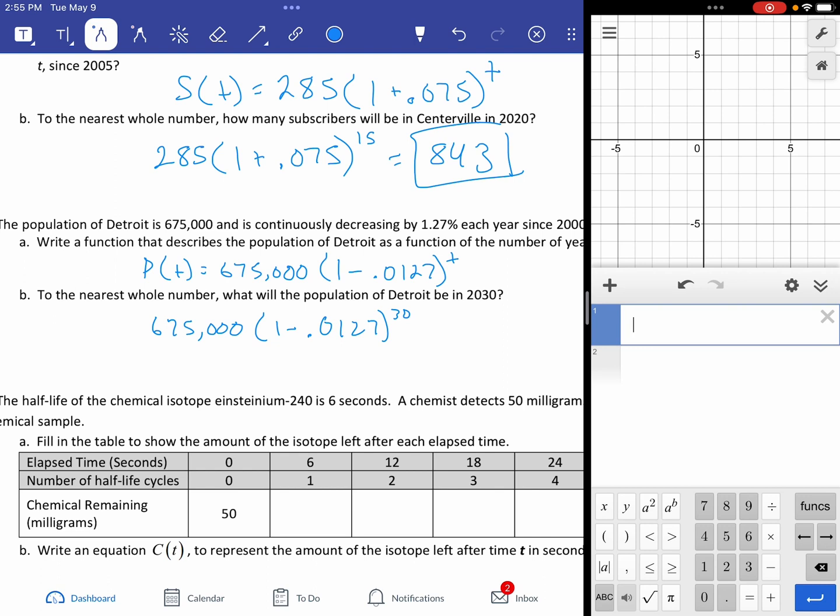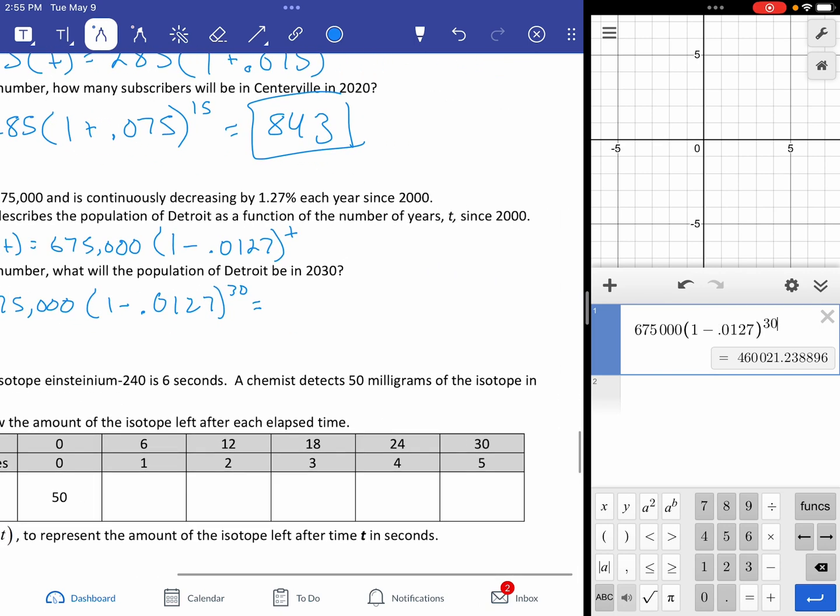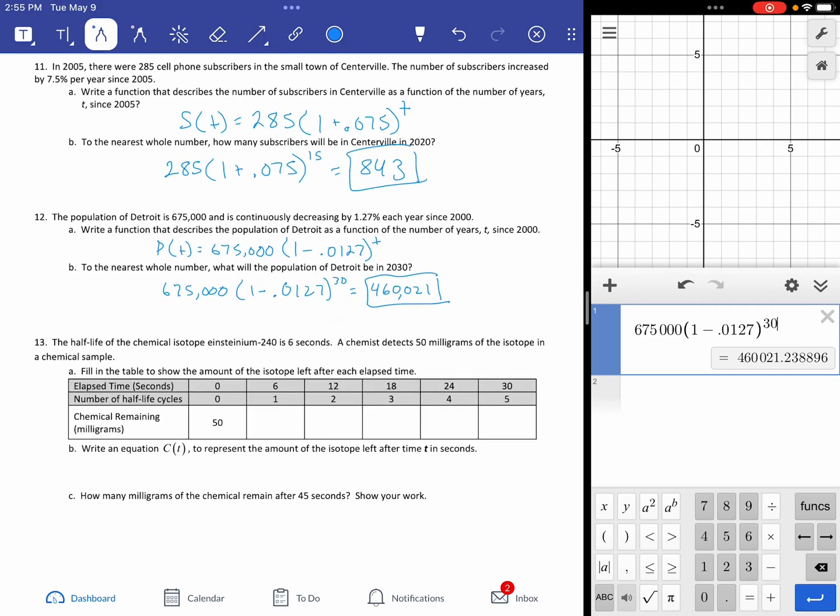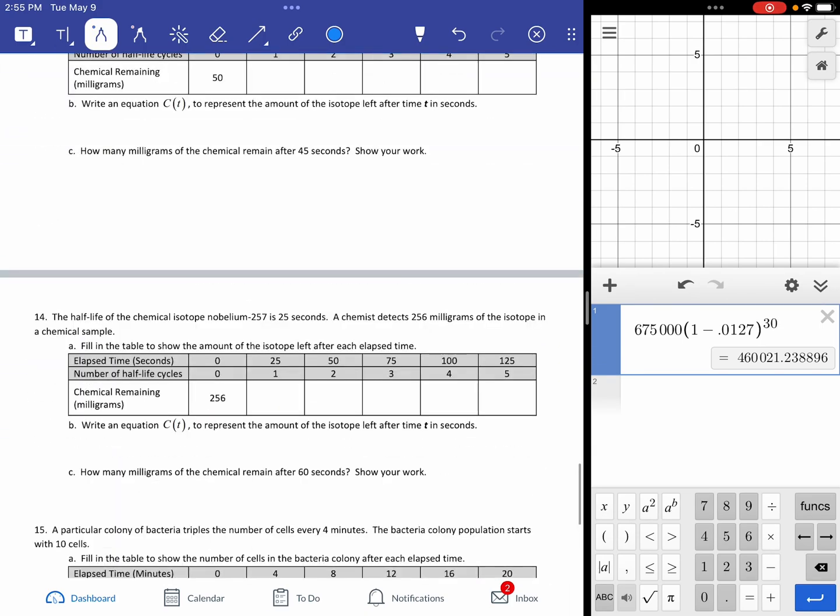So on our calculator we have 675 3 zeros, 1 minus 0.0127 to the 30th power, and we get that number. So we get a population of 460,021. That's all we got. All right, almost done. A few more to go.